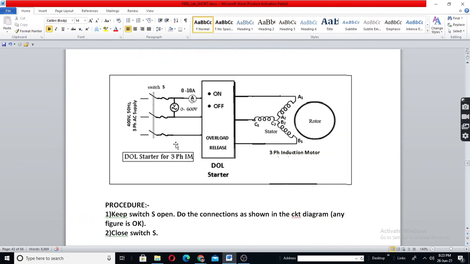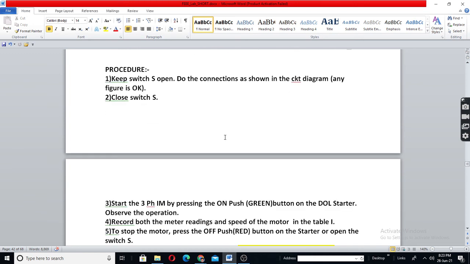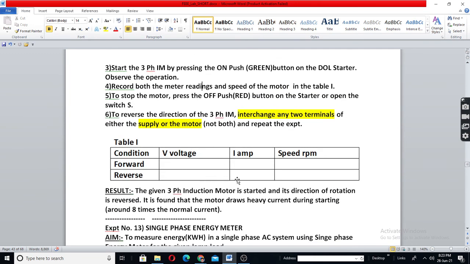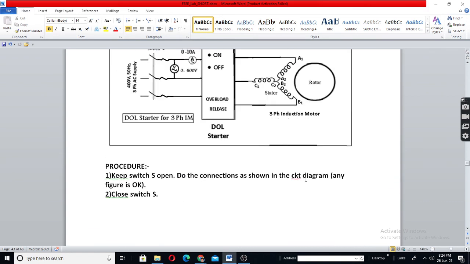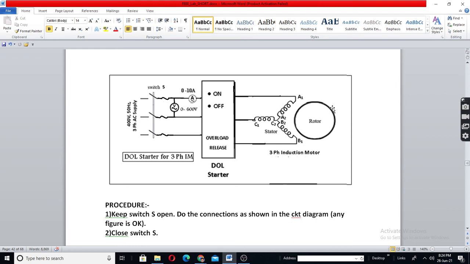So you interchange any two terminals and then switch on once again. Once again measure all the values, V, I and speed. Speed will be approximately 1450, 1470 RPM because the synchronous speed, means maximum speed of the motor, is 1500 RPM in our laboratory.